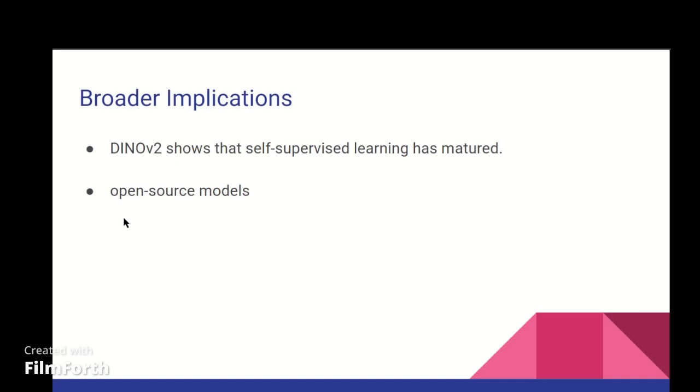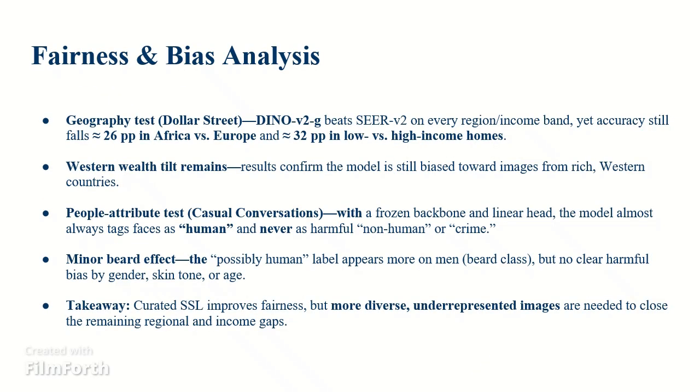And by releasing strong open source models, Meta AI has provided the community with a foundation that can reduce reliance on expensive supervised data. Alright, so till now, authors have enhanced the existing self-supervised approaches, particularly focusing on discriminative methods, and demonstrate that with sufficiently large and curated datasets, such models can produce features surpassing those from weakly supervised or text-guided models.